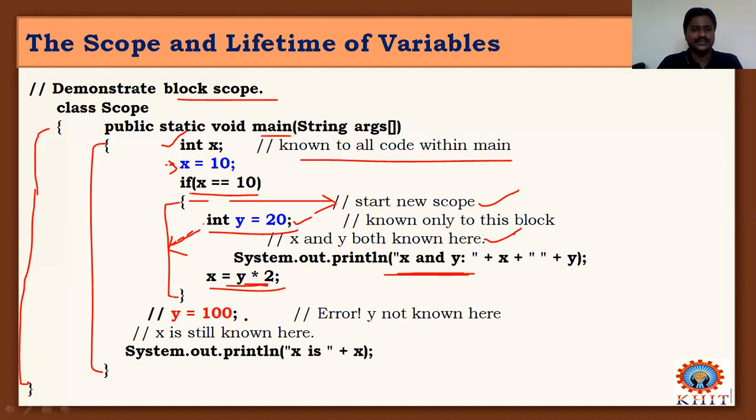But it is an error at this point, y equal to 100. You are changing the value here, and y is completely unknown here. Why? Because the scope of y is only up to this if condition, and outside of this scope the y value isn't known to any part of the program. So we can print the x value here. Like this we can define the scope and lifetime of variables.